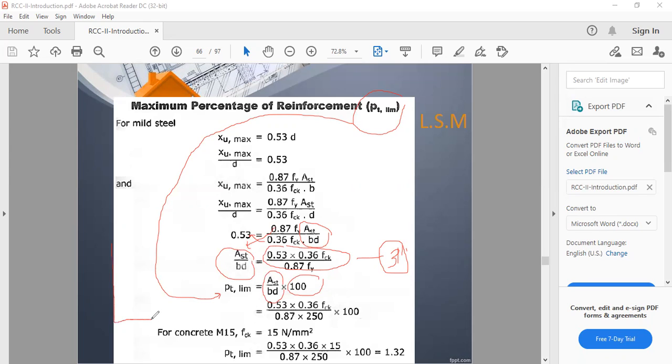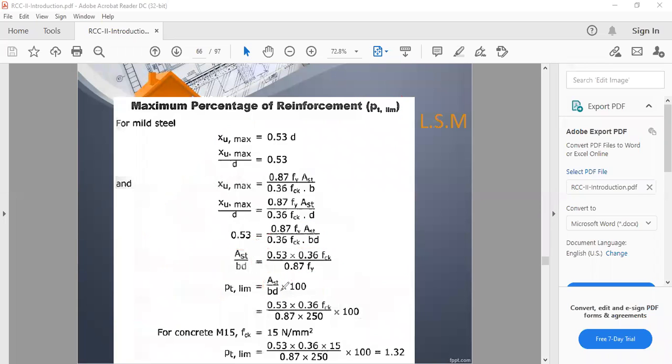BD is the section, where this is going to be B and this is going to be D up to this part itself. Now put the value of ASC upon BD, it is this one, multiplied by 100.